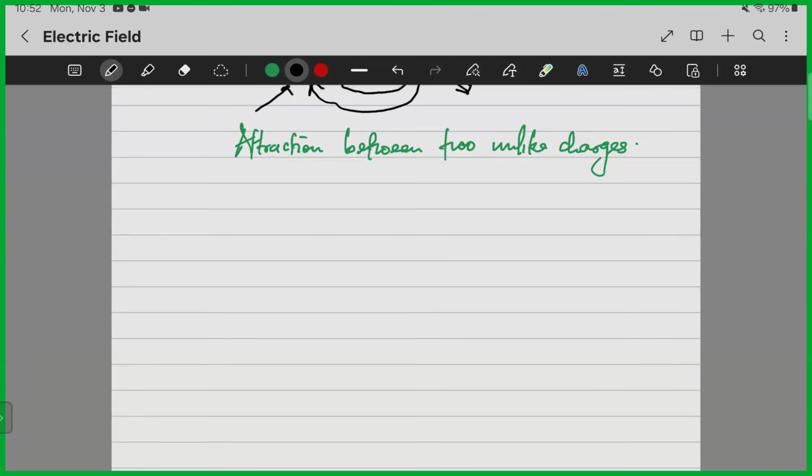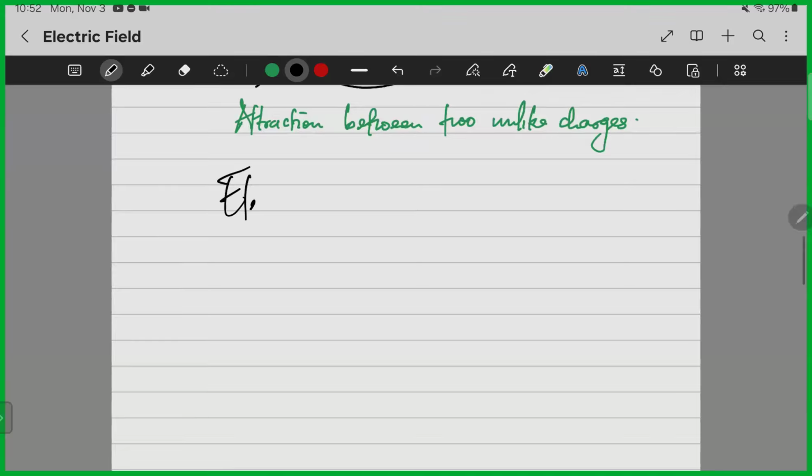I'm now quickly going to go to the subheading electric force, and therein I will also consider Coulomb's law. I'm going to talk about Coulomb's law too under this subheading. So electric force and then Coulomb's law.